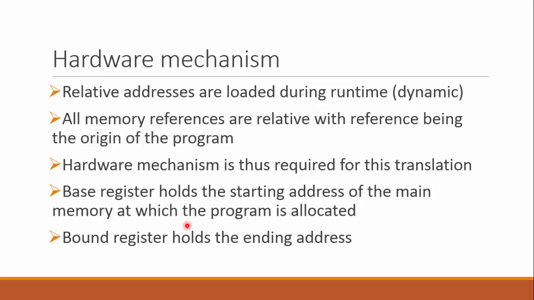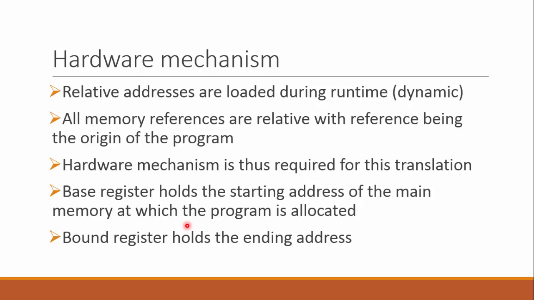As we talked about, relative addresses are loaded during runtime; they are dynamic. You can't relate one address until the one it references has got memory first. Say we malloc some array.